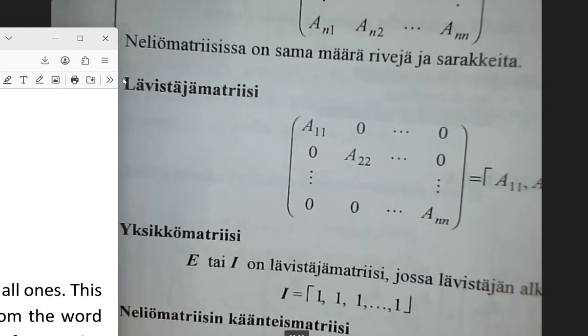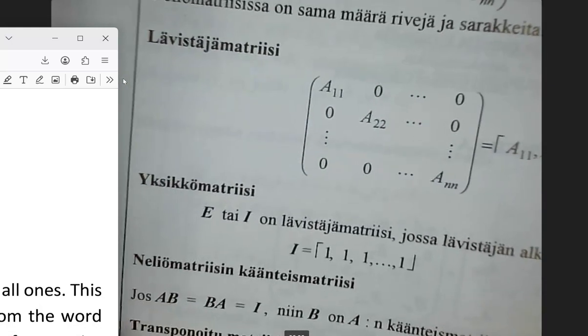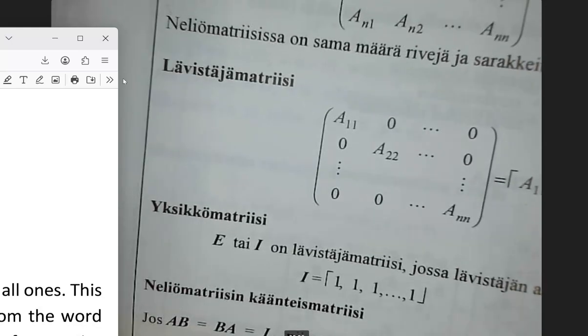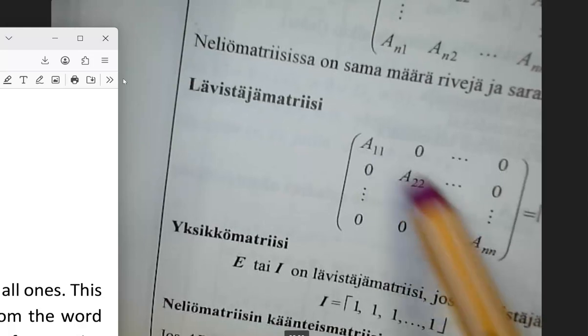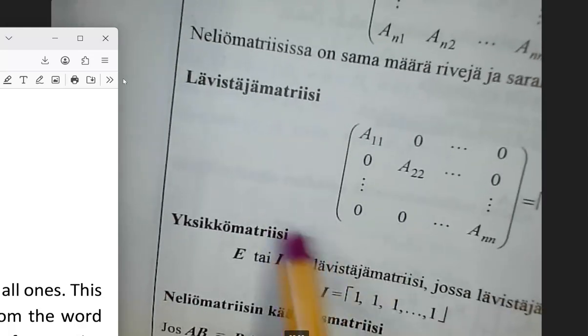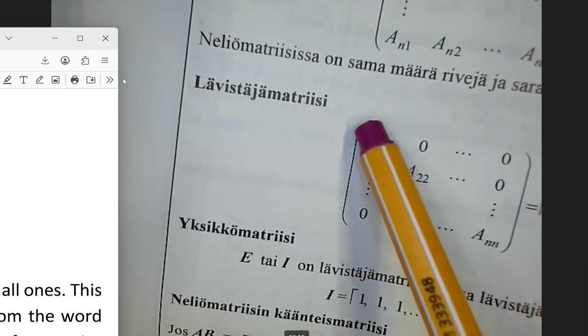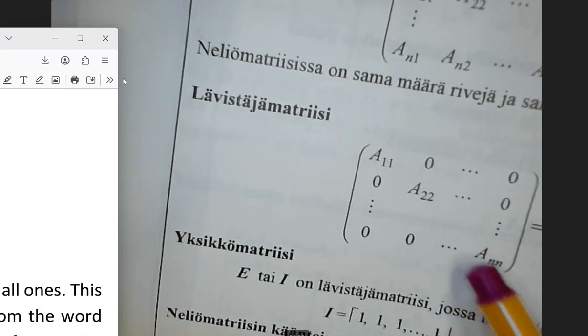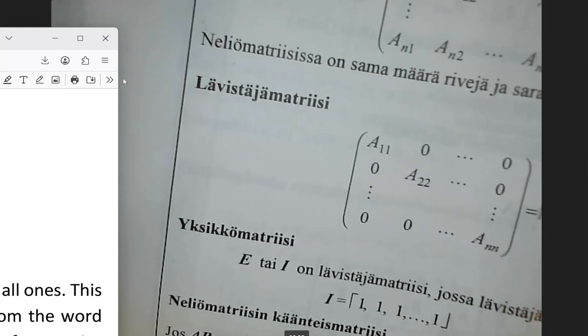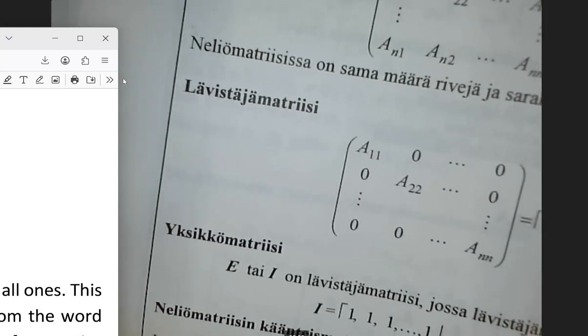So this is called a diagonal matrix, or lävistäjämatriisi in Finnish. Lävistäjä is this: if you draw a rectangle and draw a line from this corner to this corner, that line segment is called lävistäjä in Finnish.